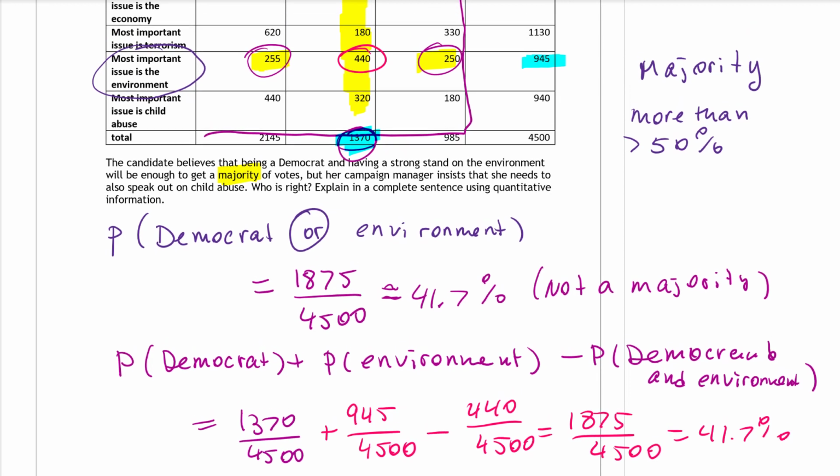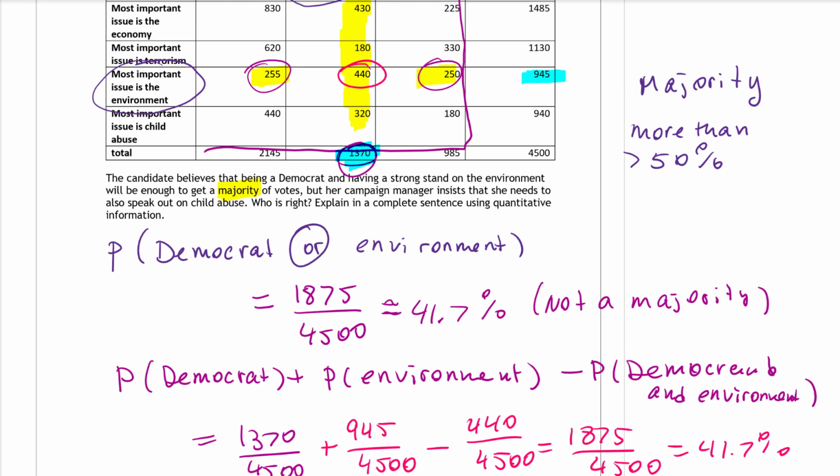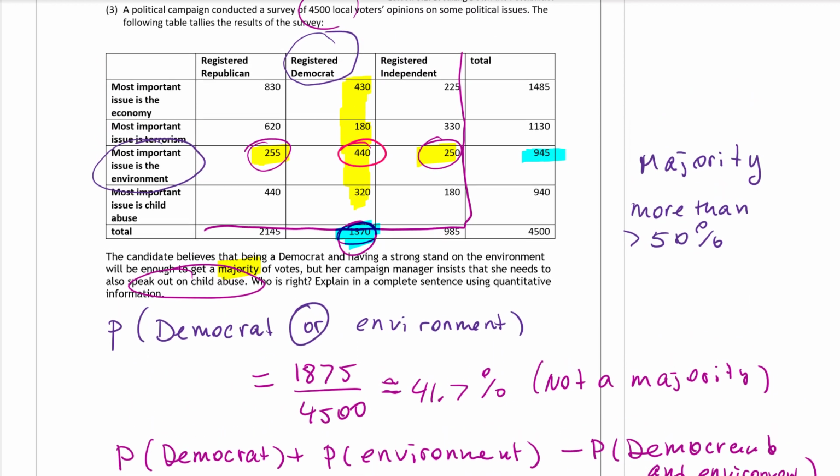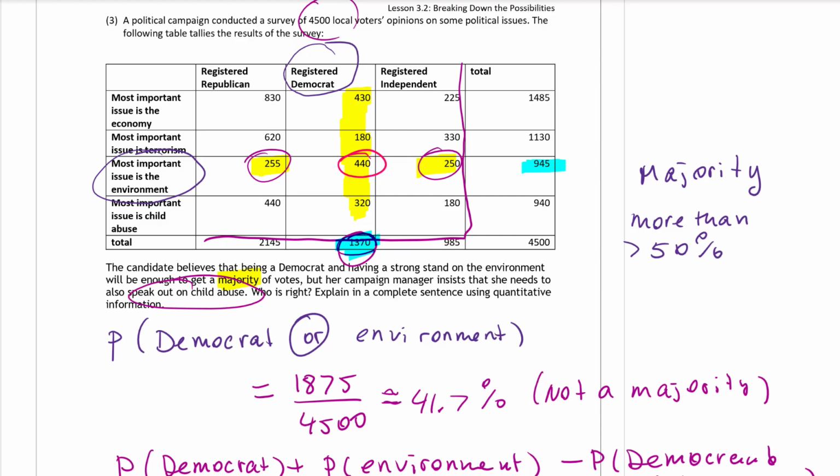All right, so now looking at the campaign manager, she's saying that you also have to speak out about child abuse. So if you look at this again, in addition to Democrat and environment, if you add these voters for whom the most important issue is child abuse, then you get another 180, right here, and another 440, those two numbers.